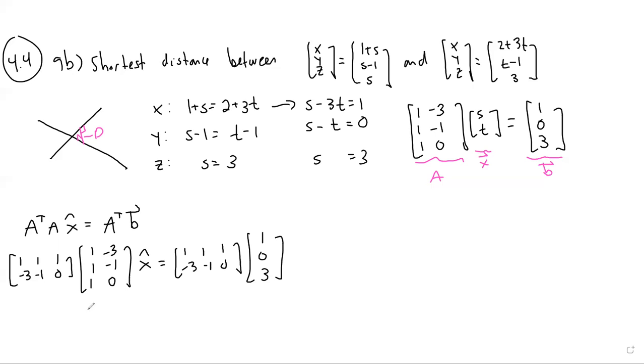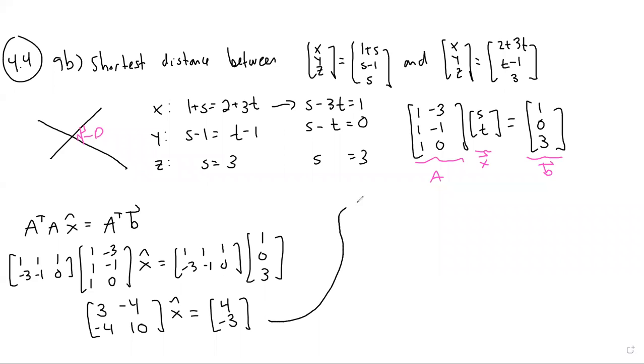We just want to be careful in working those out. So I should get 3, negative 4, negative 4, and then that should be 10, and the right side should be 4 and negative 3. We just want to go ahead and solve this system of equations.